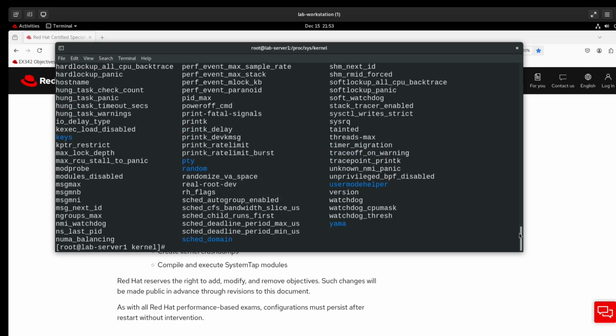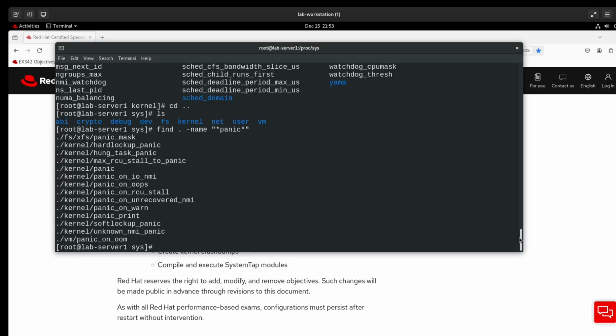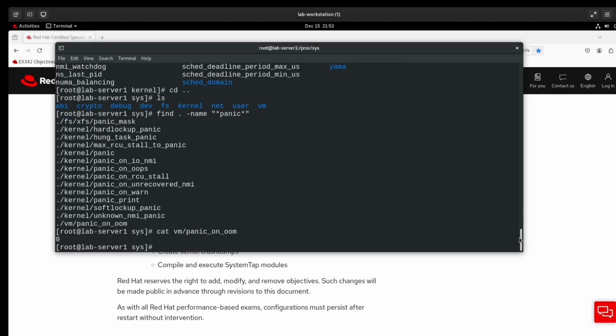There are a couple of others. Let me go back a level. There we go, there's more stuff. Hung task panic is another. Panic on OOM is one that I was thinking about. These right now are going to be 0. For example, VM panic on OOM.